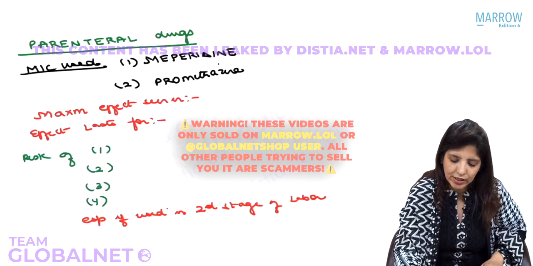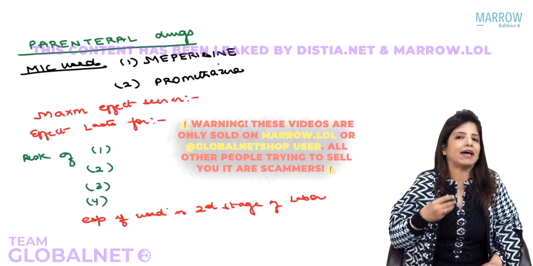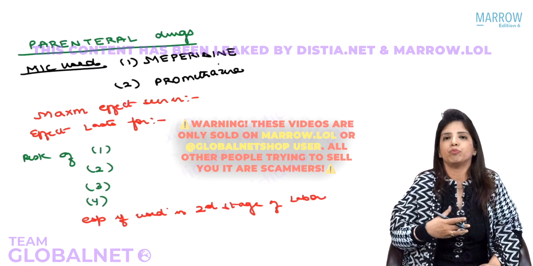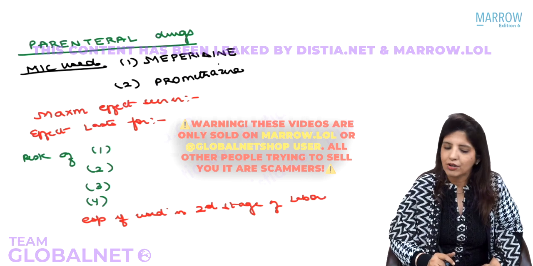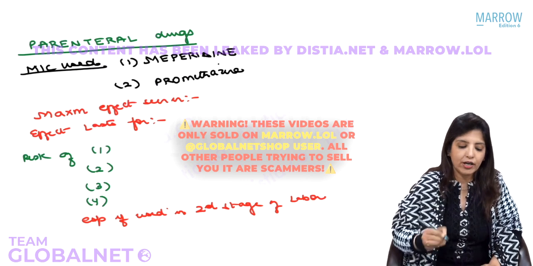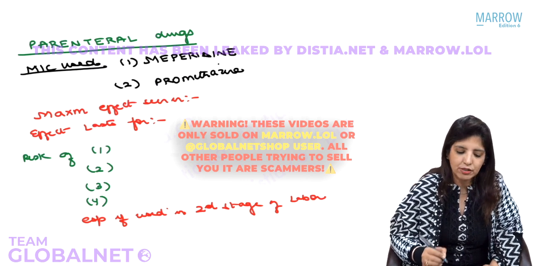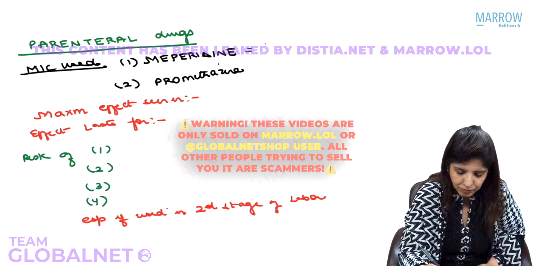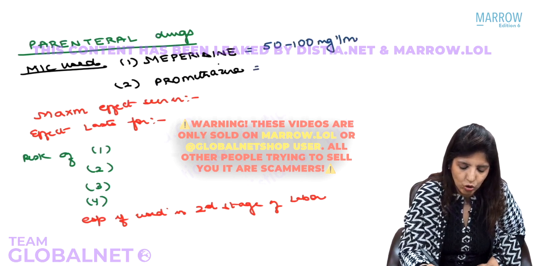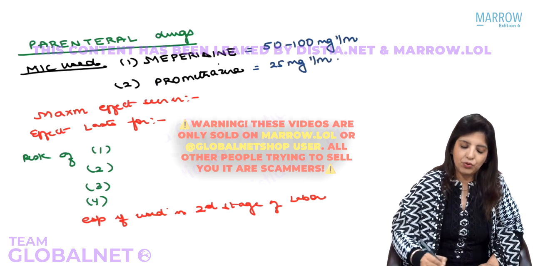So first, I'm going to talk to you about the parenteral drugs which you can use to bring about pain relief. The most commonly used parenteral drugs are meperidine and promethazine. The dosage of meperidine is 50 to 100 milligrams IM and promethazine is 20 milligrams IM, right?